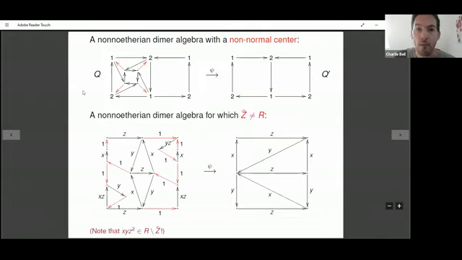And one where the reduced center is not equal to R is here. And you can see this monomial x, y, z squared is in R, but it's not in the reduced center. And you can see here, if you go, say, from this vertex, you have z1, you go up here, you have x, z, y.